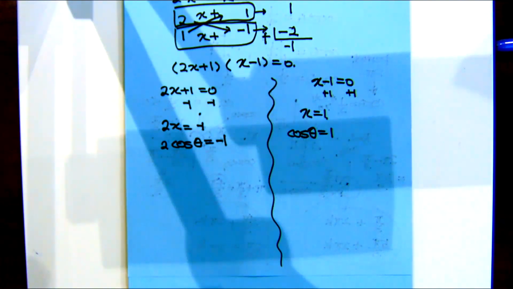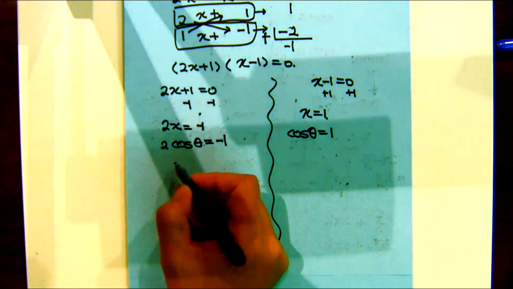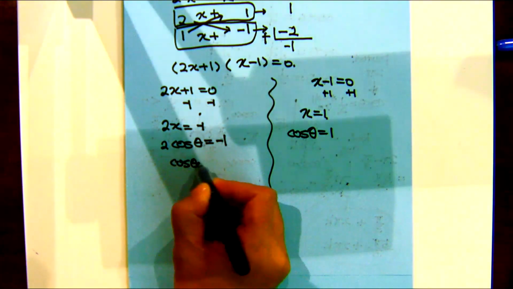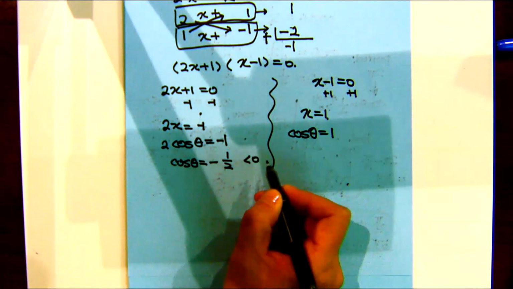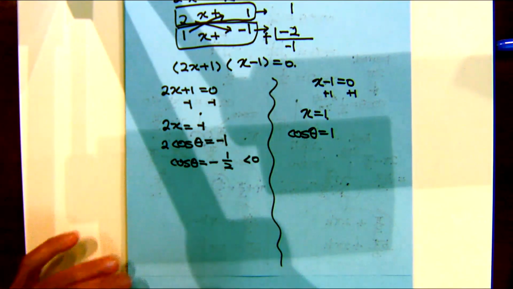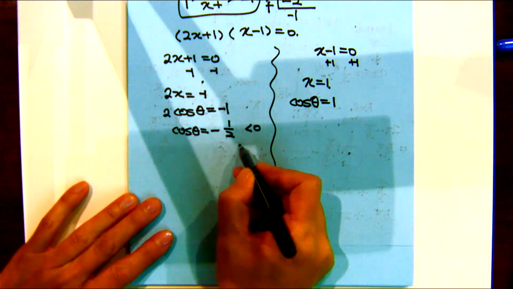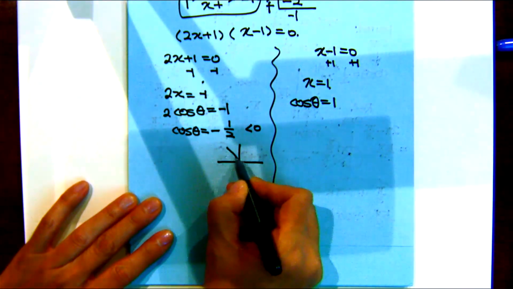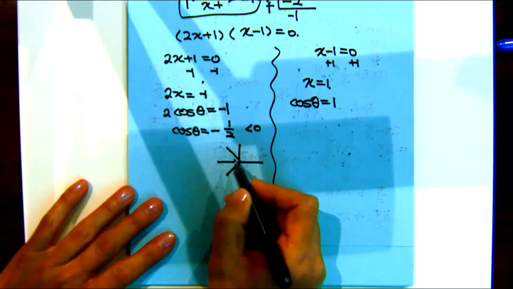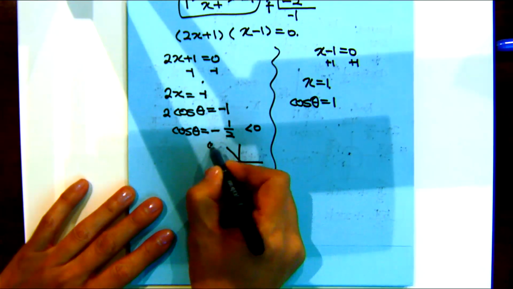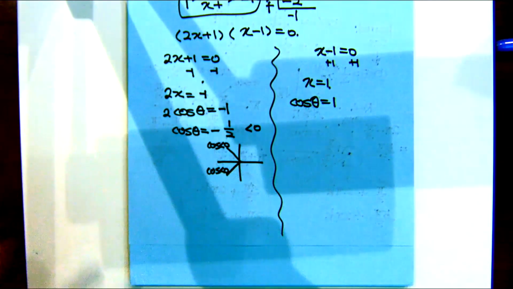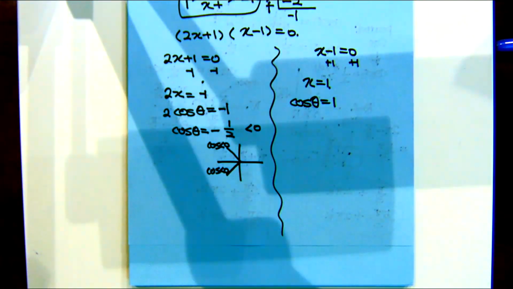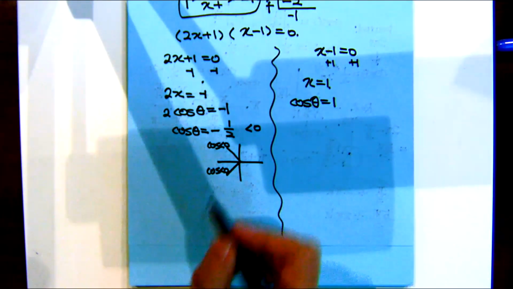So when we solve for cosine, we have cosine of theta equals -1/2, which is negative. So we locate the angle in the third and fourth quadrant because cosine values are negative in the third and fourth quadrant. We already know that 1/2 has reference angle pi/3.